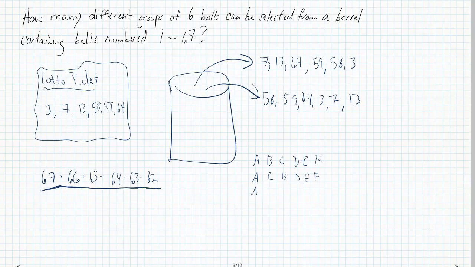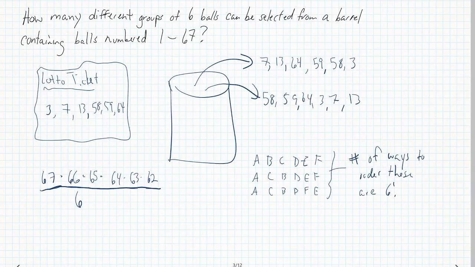Same thing if we do A, C, B, D, F, E, right? So how many ways can we order 6 elements? Number of ways to order these, because that's what we're going to have to divide by. So the number of ways to do that is 6 factorial. And so that's what we're going to divide by there.